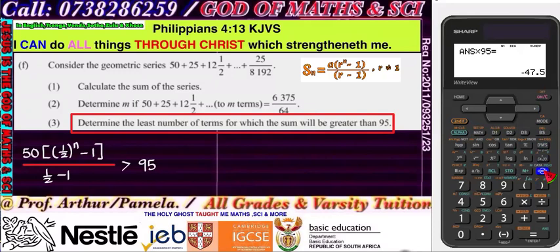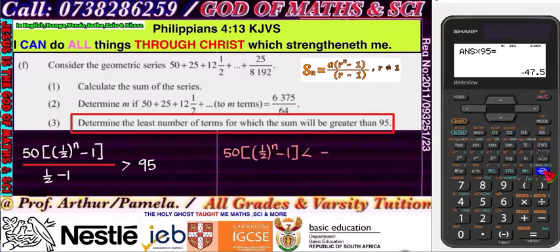All right. But because I multiplied both sides by a negative, the inequality sign faces the other direction. So now I've got 50, I open the brackets, then I've got half to the exponent of n minus 1, close the bracket, reverse the sign.